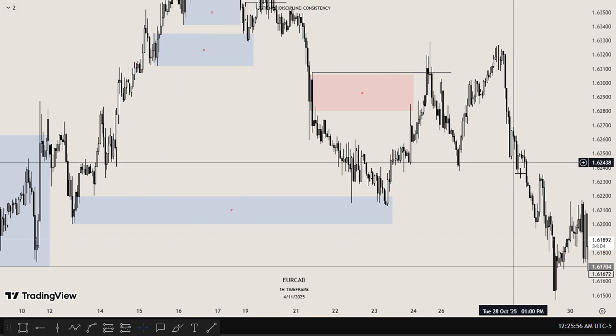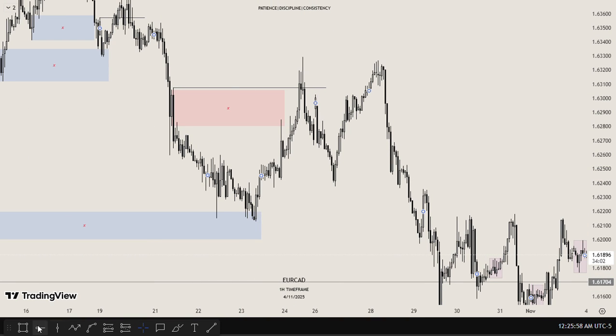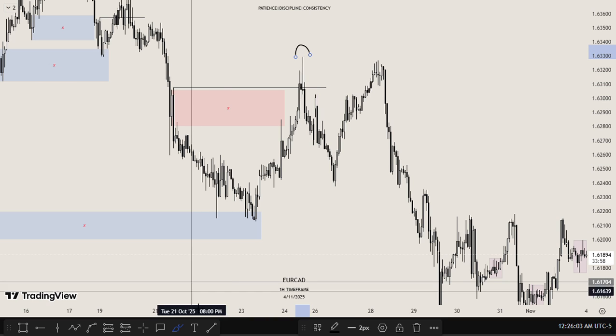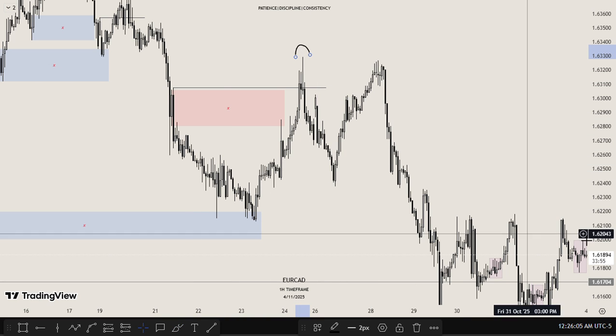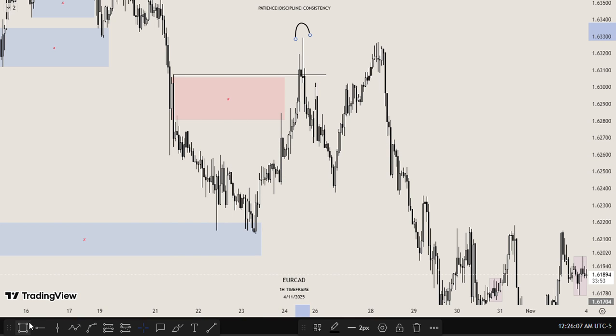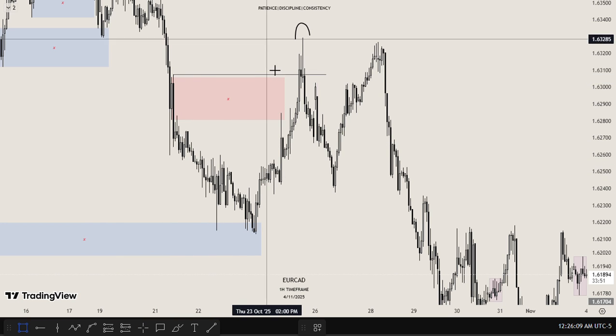As price moved higher, we formed a liquidity block up here, then here we induced buyers to the upside.